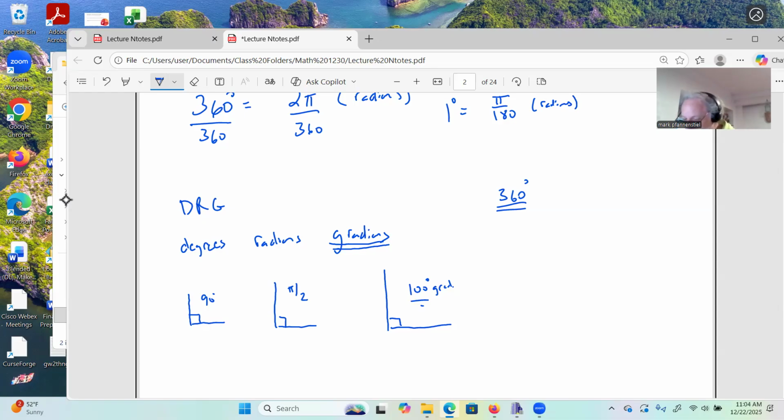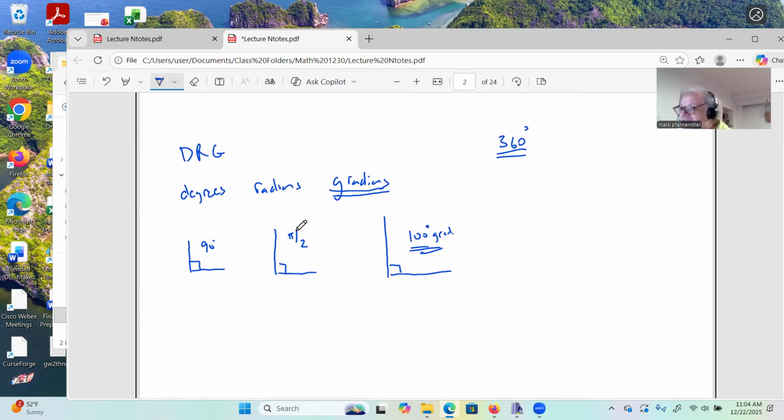So if you are writing your historical fiction, and your protagonist happens to be a French artillery officer right after the French Revolution, to give it an air of authenticity, of historical accuracy, that French artillery officer will speak in gradients rather than radians. That is your only practical application for gradients. We don't use them.